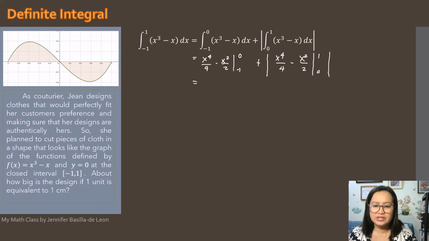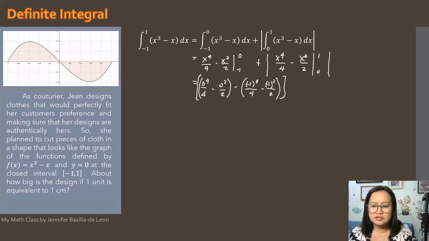Now, evaluating the function at x equals 0, we will have 0 over 4 minus 0 squared over 2, minus -1 raised to 4 over 4 minus -1 squared over 2.